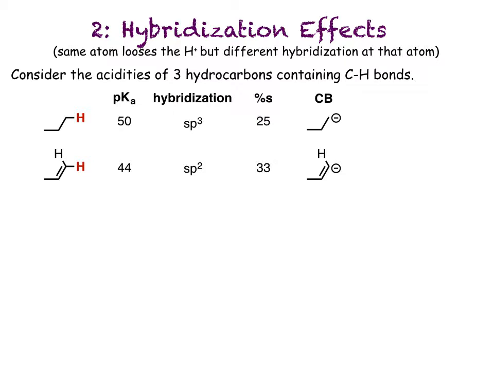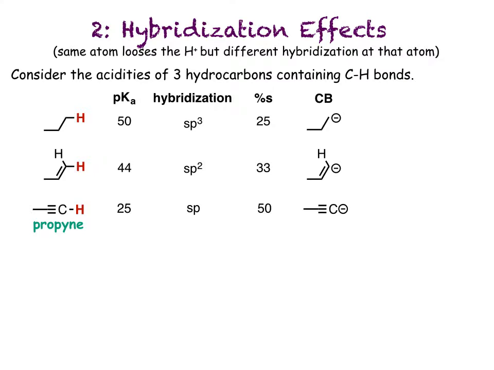Notice we're losing a proton from a carbon of a carbon-carbon double bond. It's sp2 hybridized rather than sp3, higher percent s character. Now we lose a proton in the next one from an alkyne carbon, and pKa is 25. We become much more acidic, and the hybridization of the carbon of the conjugate base is sp, so it's 50% s.